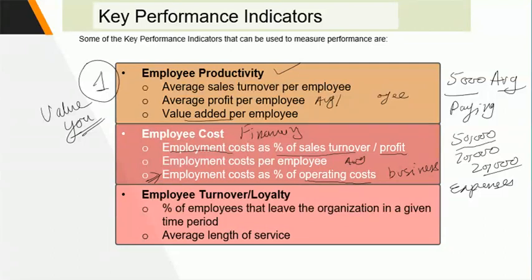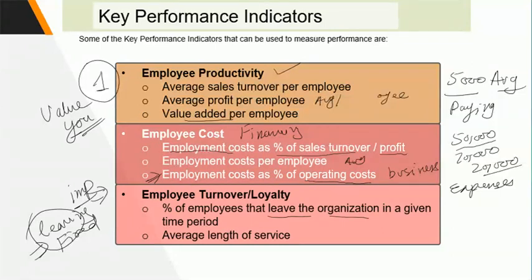Then employee turnover and loyalty, this is a very important component. Like in most organizations, if the employees are leaving or the employees are fired, then this is a trouble, because the more employees leave the organization in a given time period, the more it will make a bad image in the market.